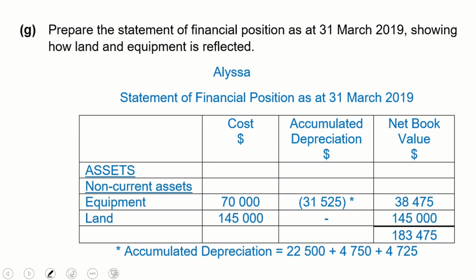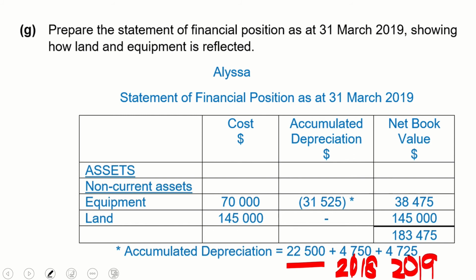So I'm going to go back a few slides and show you where these numbers come from. Remember 22,500, that was your original. 4750 was 2018. 4275 was 2019.